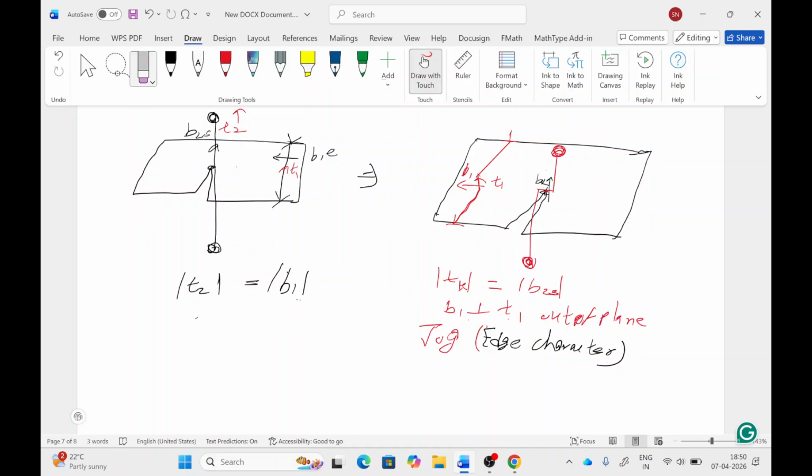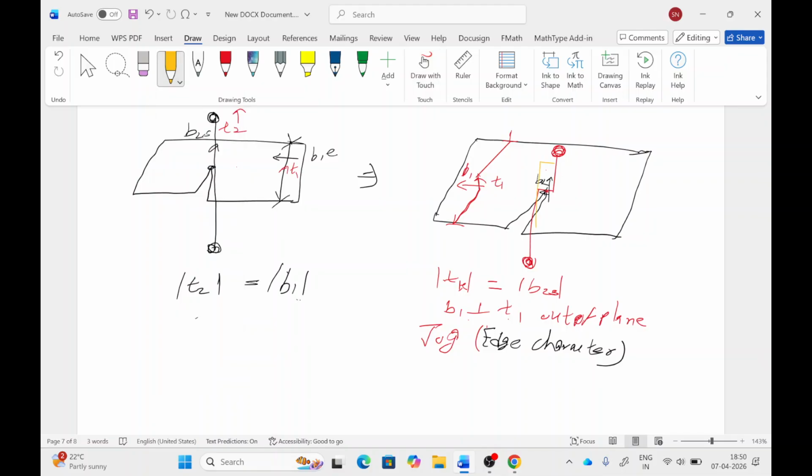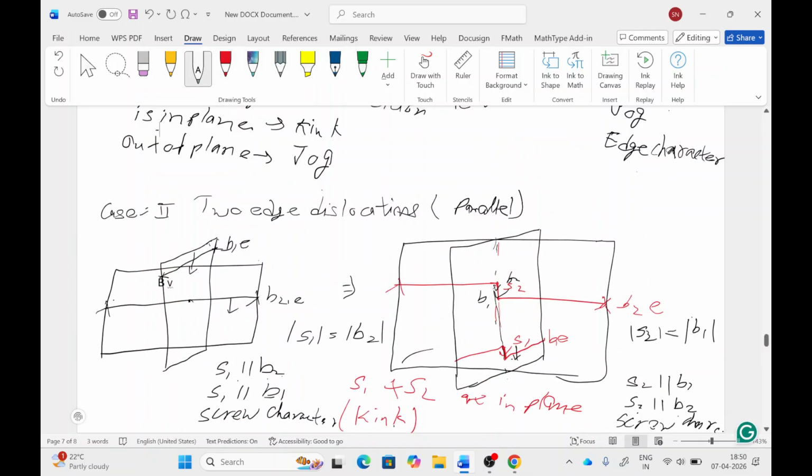Also, the extra half plane for the screw dislocation will be this. So this plane is, I mean, this displacement is on this yellow plane.